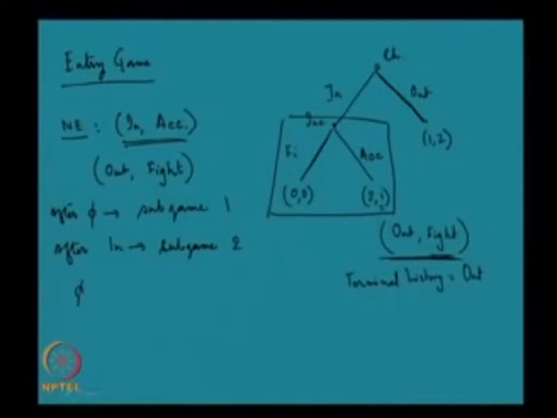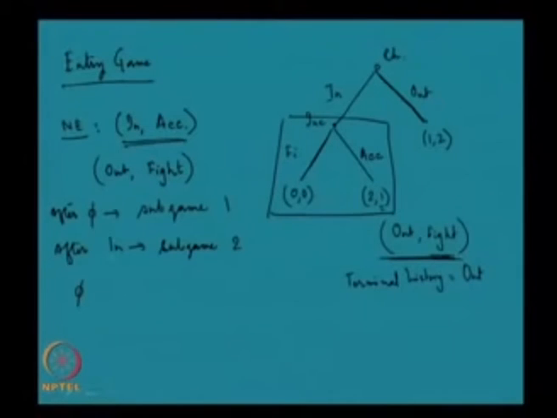So after phi, I need not check whether there is a Nash equilibrium or not, because I already know that in the entire game as a whole, in and accommodate is a Nash equilibrium.